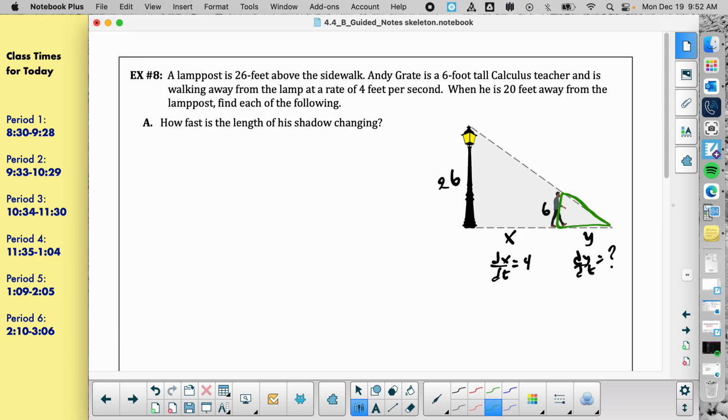Because the big triangle is the same shape as the little triangle, then you can make them proportional. So the lamp post is the same as the person. And then the entire bottom is proportional to the little bottom. And it doesn't even have to be this order or direction. You can write 26 over 6. You can write x plus y over x. But from this step, they just cross multiply.